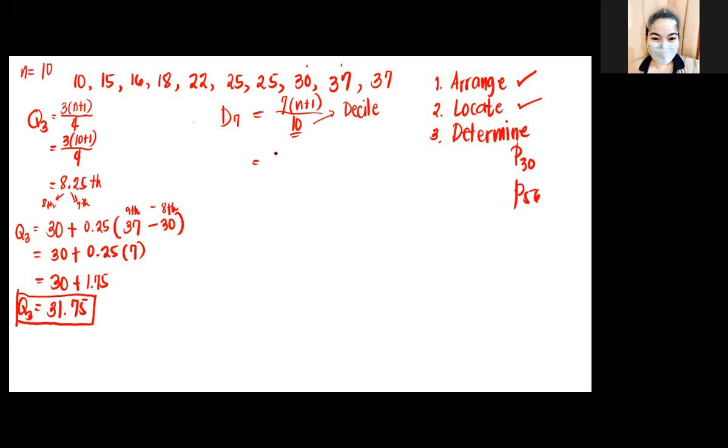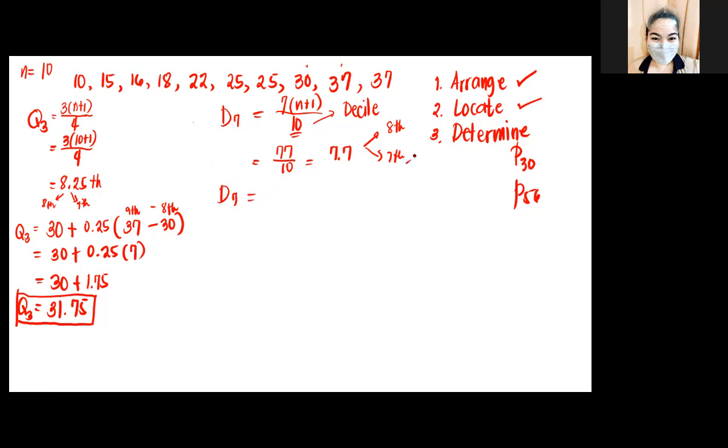So 7 times 11 is 77, divided by 10, we have 7.7. So it is between the 7th and 8th terms. We will use that to look for D sub 7.